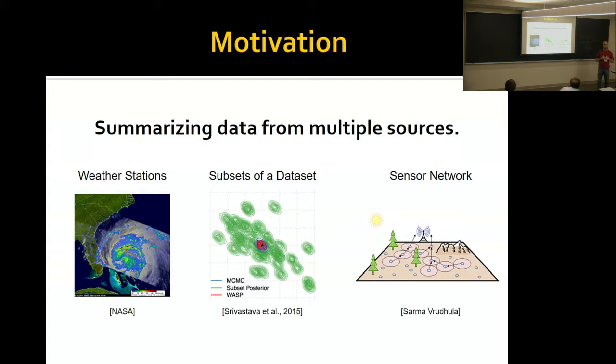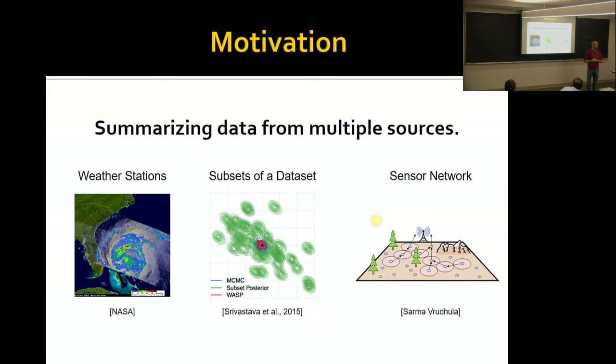Okay? Or a different setting where the same scenario occurs is in subset posterior methods in Bayesian inference. So if you don't know what that means, let's say that I have an extremely large data set. It's so large that my inference procedure fails. I don't have the computational resources to do Bayesian inference. Instead, I take my data set and I randomly IID divide it into 10 pieces, and I do 10 different instances of Bayesian inference on 10 machines.